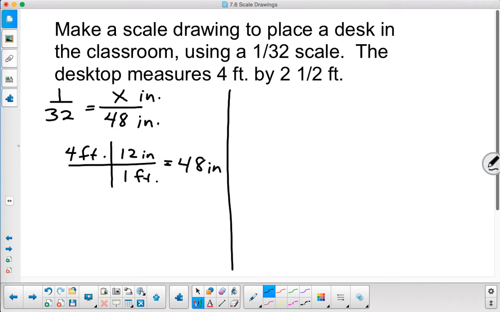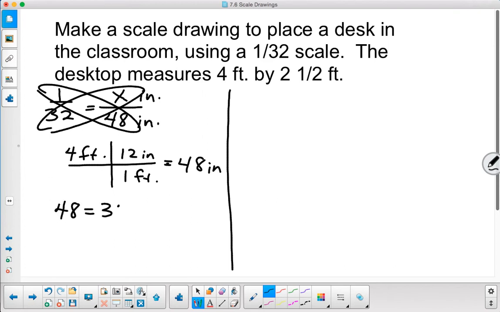Cross multiply. I know there's multiple steps here. Cross multiply. 48 equals 32x. Divide by 32. I think it is 1.5. 1.5 inches.